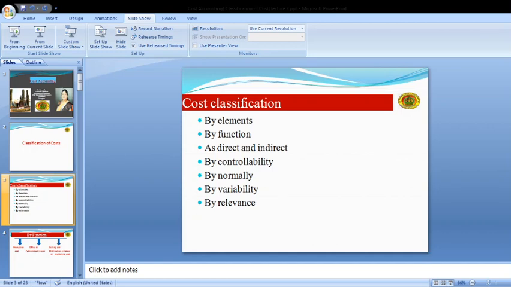All tangible cost items are included in material, human related costs are classified into labor, and services purchased related costs are expenses. Now this is a very basic classification from where we have evolved, and we go for a further classification as per the function.